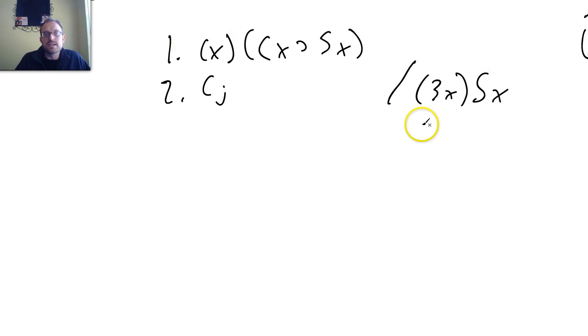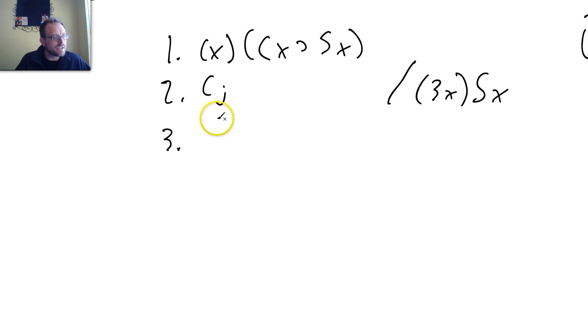So you can see here, how can I do this problem? Well, since I have a universal quantifier, I need to get rid of that. So I need to do a universal instantiation here. And the question is, what should I instantiate it to? Since I see that there's a j here, I should instantiate it to the j, because otherwise the problem's not going to work.